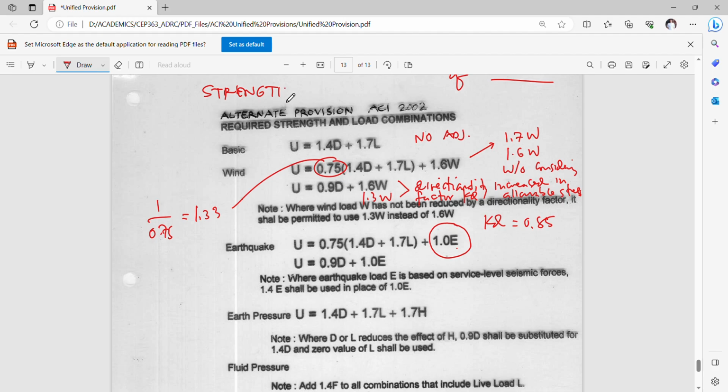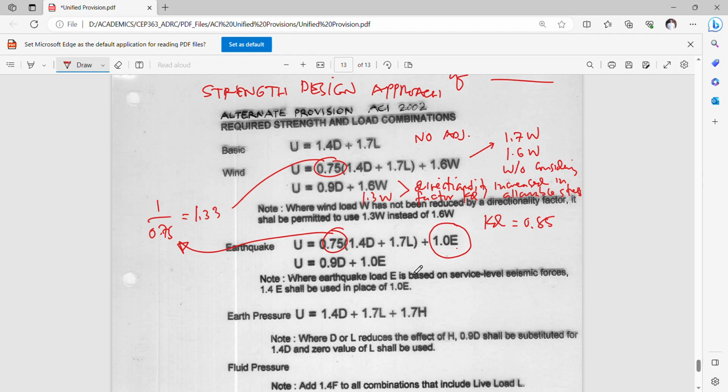Okay, because on the earthquake the 0.75, which is again the increase of 1.33 on the allowable stress, is no longer considered.